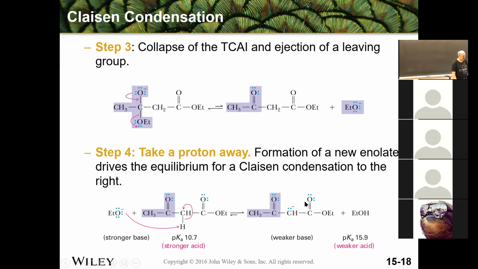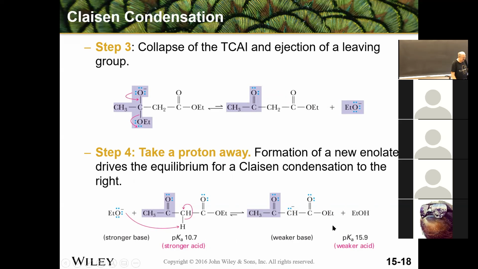When we form this beta ketoester, there's one more step. We have produced this compound in which the hydrogens between the 2 carbonyls are now more acidic. They're about 10.7. So this last reaction, where the ethoxide, which is present at the beginning and also produced in this step, is going to remove this hydrogen.